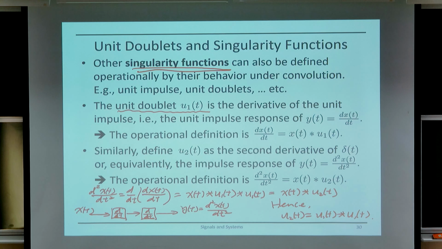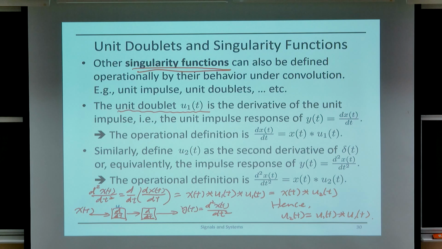So each one of these differentiators has impulse response u sub 1 of t, but the aggregate of them has an impulse response u sub 2 of t.